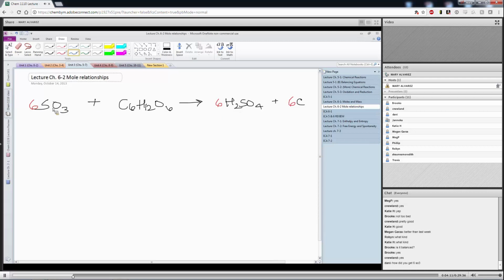But because we don't like to work with individual atoms and molecules, we can translate this directly to moles. 6 moles of SO3 will react with 1 mole of C6H12O6 to produce 6 moles of H2SO4 and 6 moles of carbon atoms. Everybody follow me there?